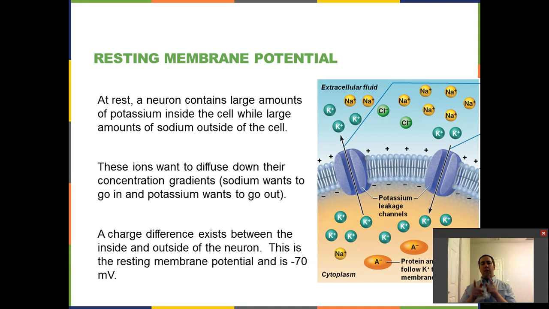So in this situation, sodium wants to come in and potassium wants to go out. That is going to be an important idea to make the neuron fire, to make it send its signal. Right now, we're at rest. The sodium can't come in, potassium can't go out. We have these channels that are closed. They're stuck where they are currently.